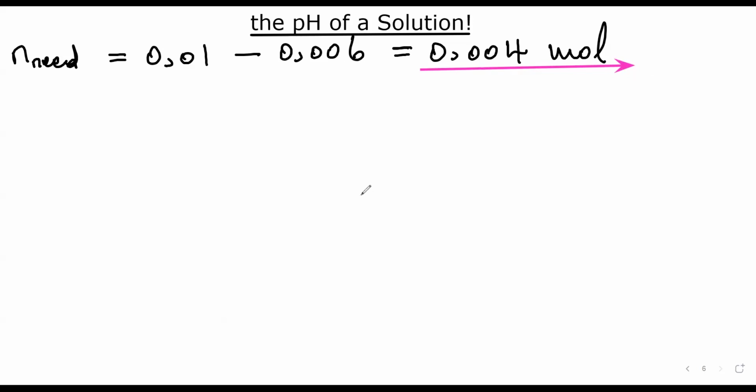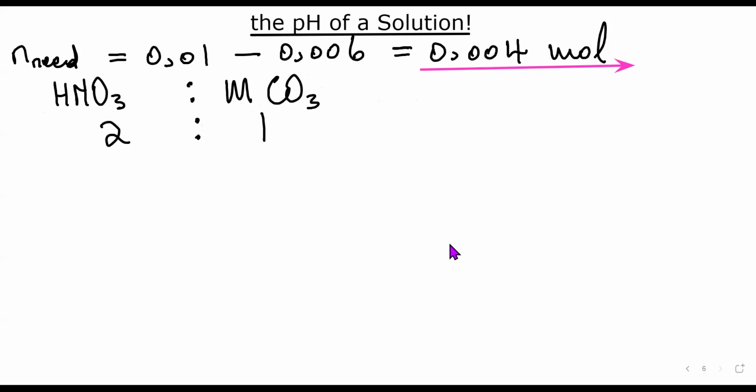But this doesn't mean that this number of moles of the metal carbonate reacted with the acid. No. These are the moles of the acid that are needed to react with the metal carbonate. But how many moles of the metal carbonate are needed to react with the acid? Well, you can now state the relationship between the acid as well as your metal carbonate. But remember, it's not compulsory for you to say this. You can also use the way that I showed you before.